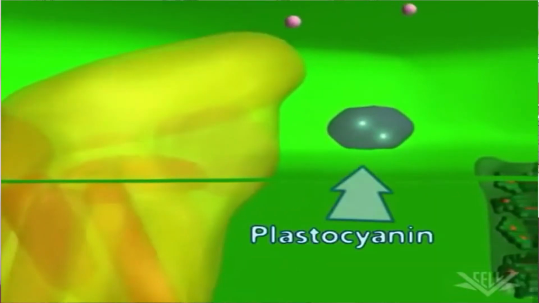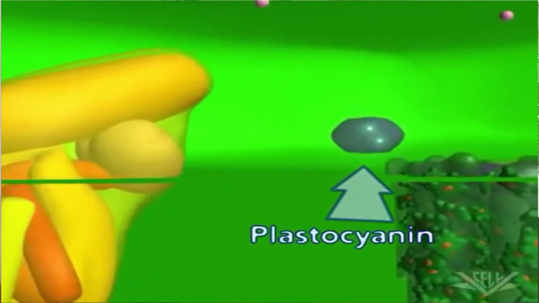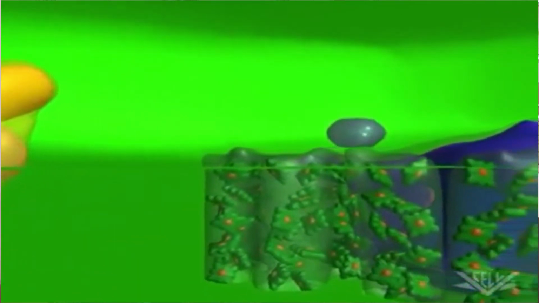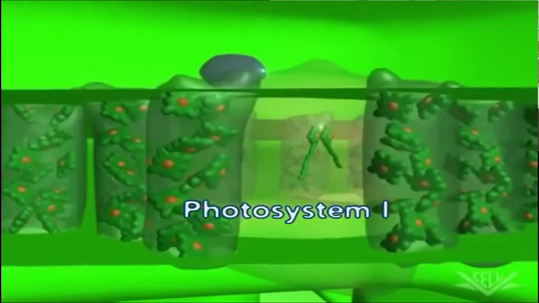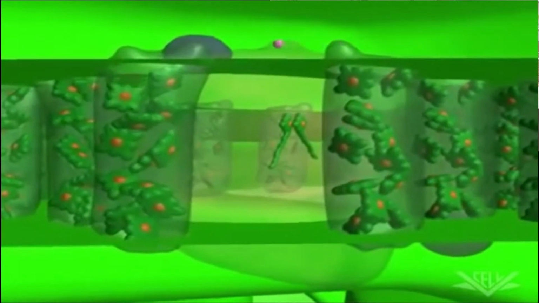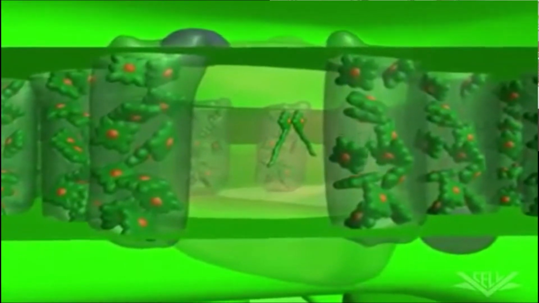The electron reaches the cytochrome complex. From the cytochrome complex, the electron is transferred to the plastocyanin. Plastocyanin is also a mobile protein which moves to photosystem 1. Photosystem 1 can also accept photons, get excited and release electrons. It is a continuous process.